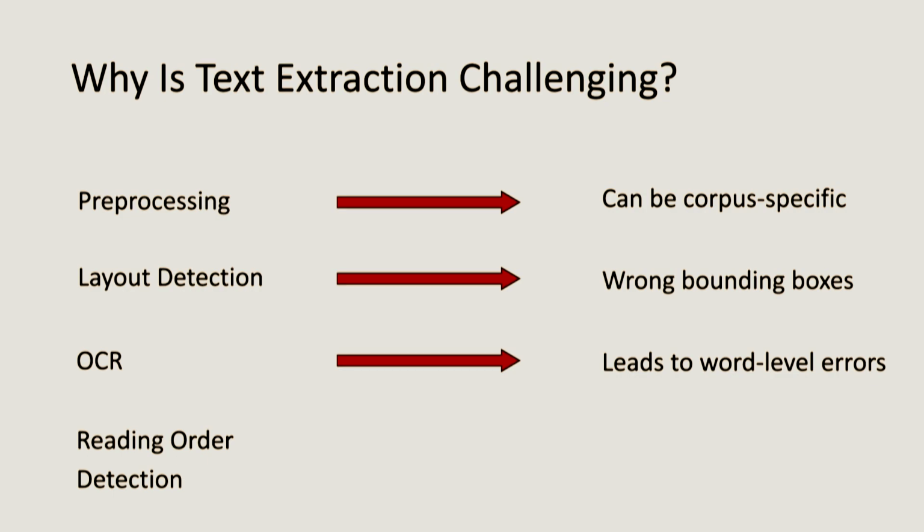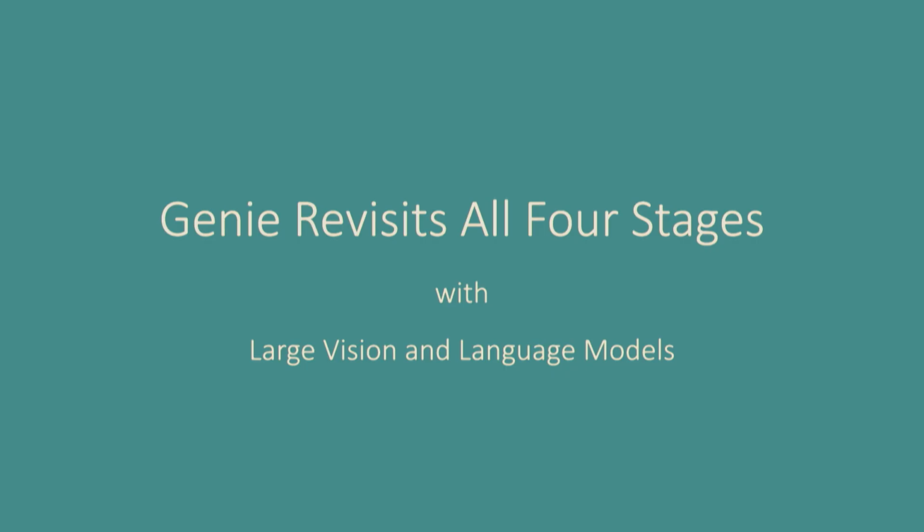There are still some OCR issues, even though I think that's a smaller part of the problem, that lead to word level errors. And reading order detection, as we saw earlier, can lead to models misunderstanding the flow of the narrative and even structures of sentences. So that's a more global type of error that usually happens.